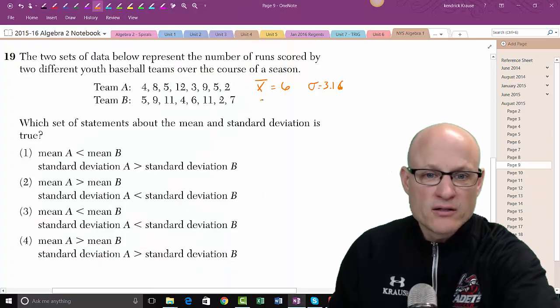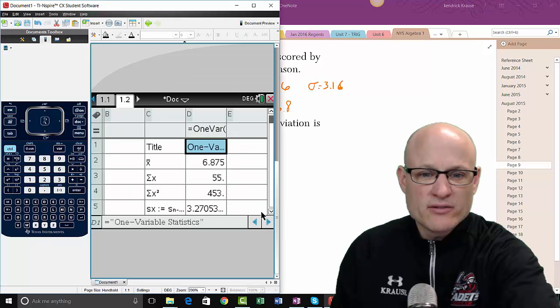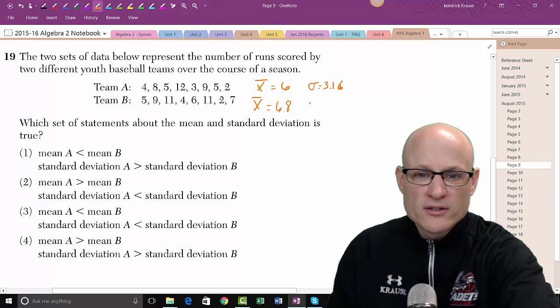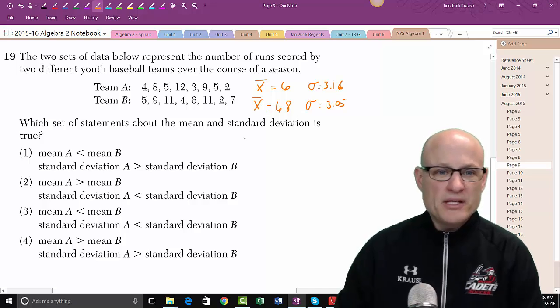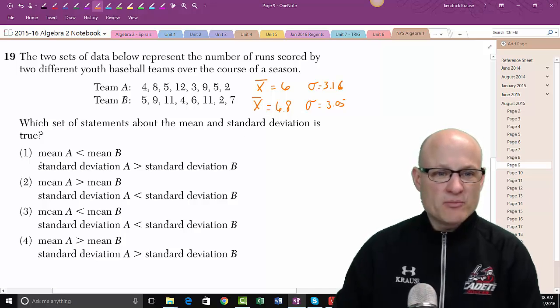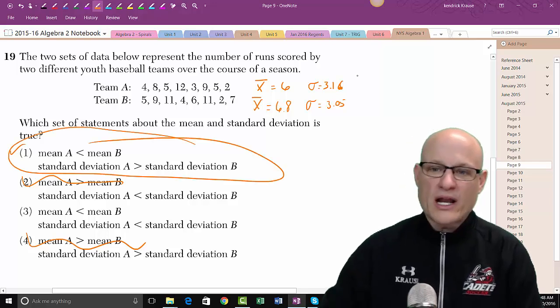So X bar is equal to 6.8, and my standard deviation is 3.05. So it's got a lower standard deviation and a higher mean. Mean A is less than mean B. That's true. Nope. And nope. And so standard deviation of A is greater than the standard deviation of B. There it is. Boom!